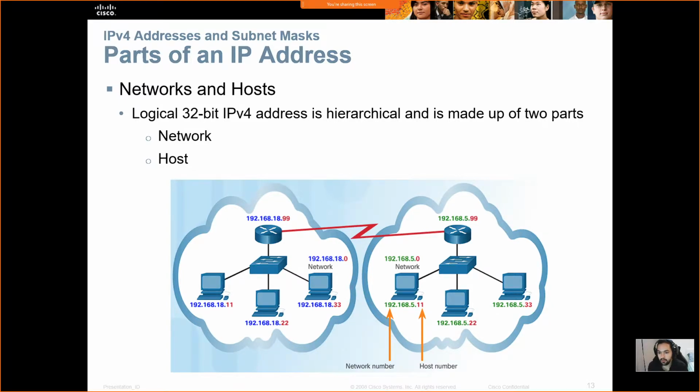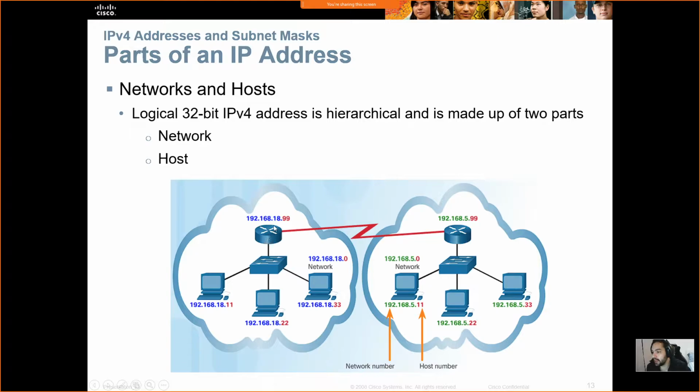Can you just explain that again about the 0? Sorry. Okay, so what is shared between each one of these devices here in this LAN? What is common between them? The first 3 portions of the IPv4 address. So the 192.168 and 18 is common to everybody in the same LAN, correct? Yes.